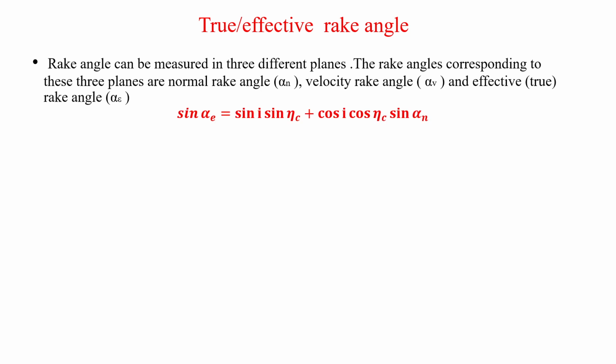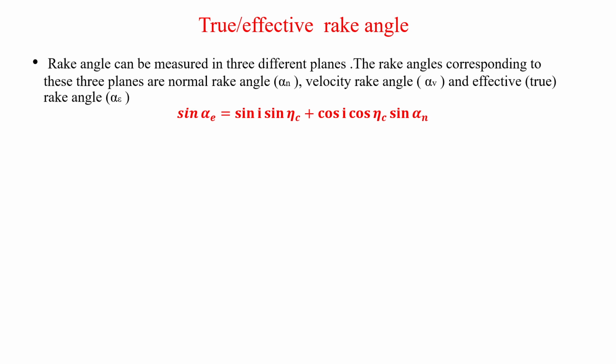The formula of alpha E, the effective rake angle, also called the true rake angle: sine alpha E is equal to sine I, where I is the inclination angle, into sine of gamma C, or eta C, whatever you want to call it.